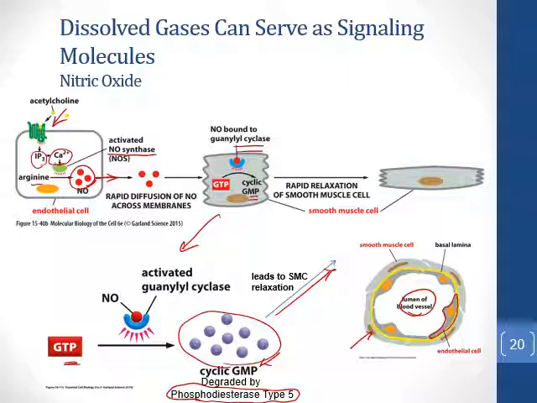That's going to increase blood flow, and that's going to allow an erection to be maintained. That's the basis for those erectile dysfunction drugs. So they actually are interfering in some ways with the breakdown of one of these final products that results from a gas, in this case nitric oxide, serving as part of a signaling pathway.